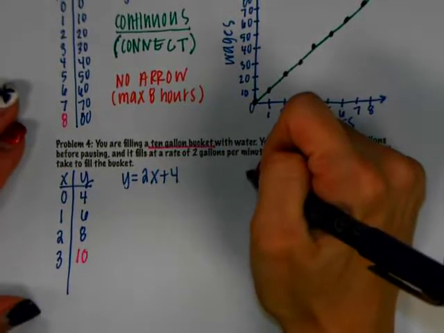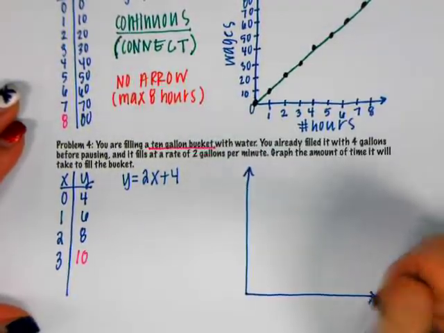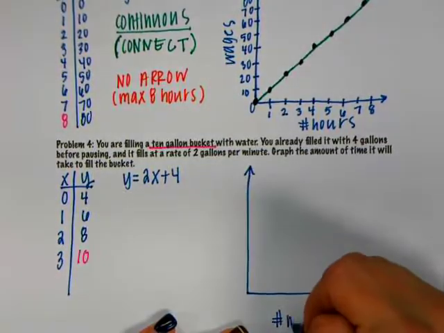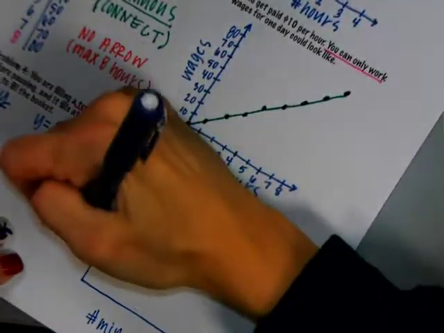All right, so let's make a graph. This is number of minutes. This is number of gallons.